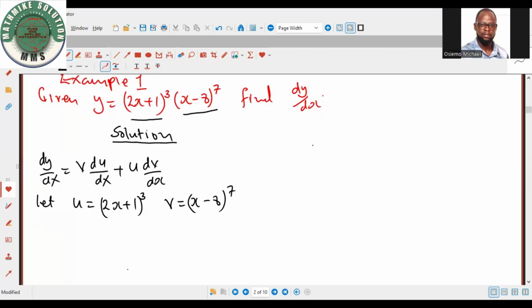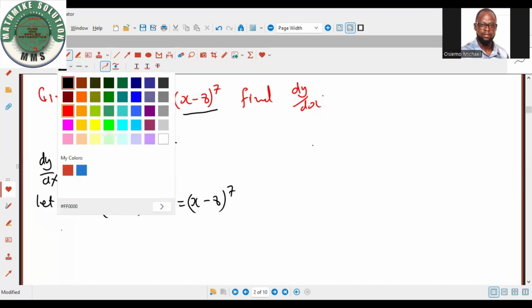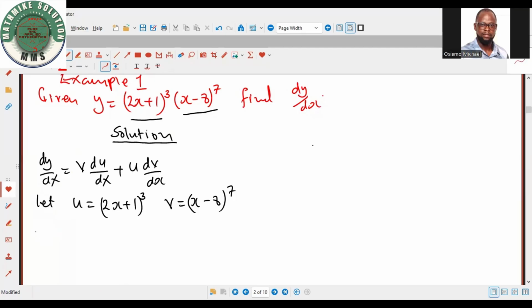Meanwhile, suppose I've been given that y is equal to exponential 3t sine 2t.